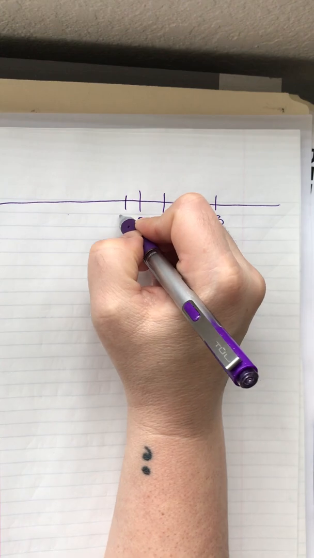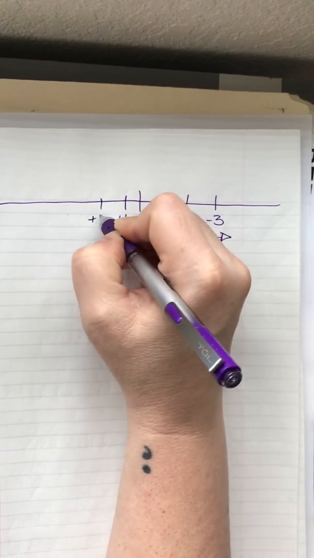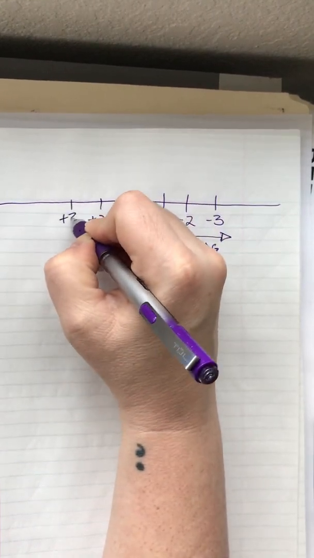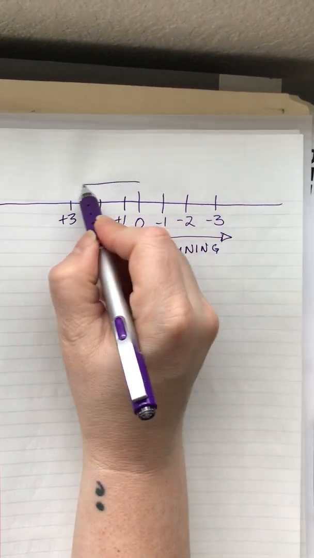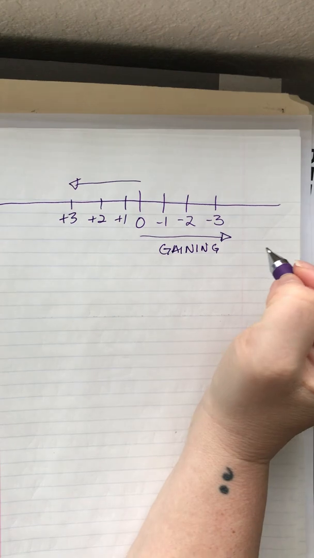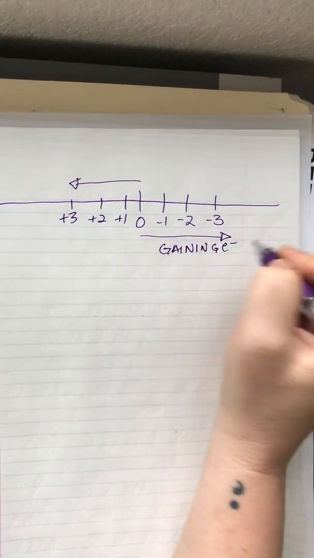If I have +1, +2, +3, going this direction, I must be losing electrons.